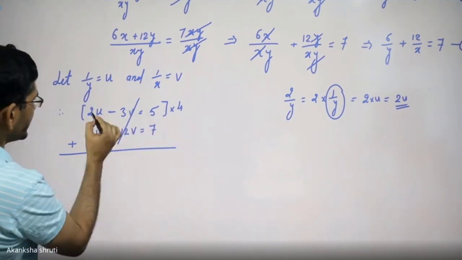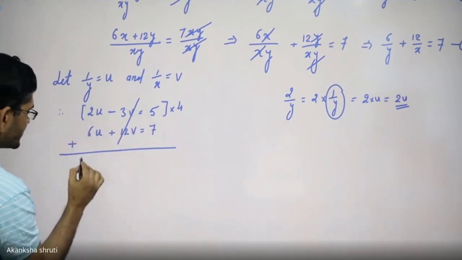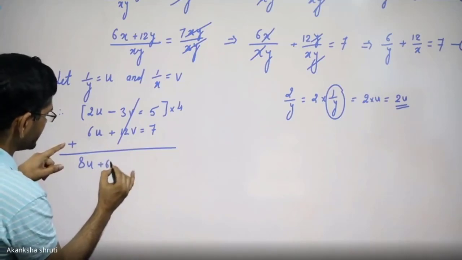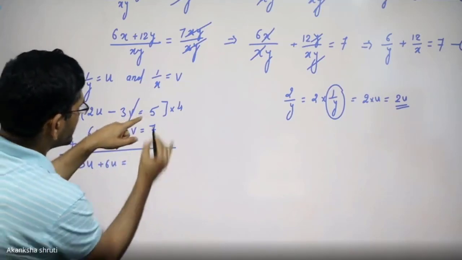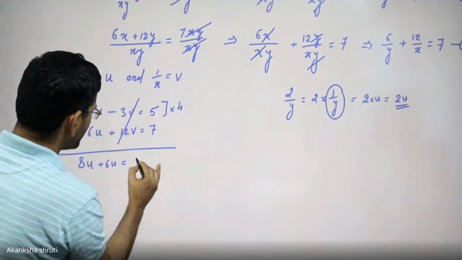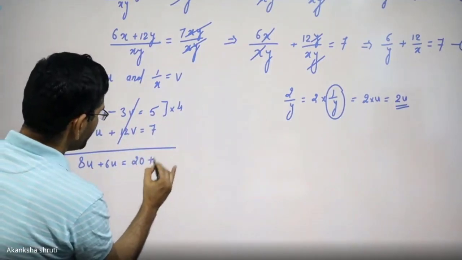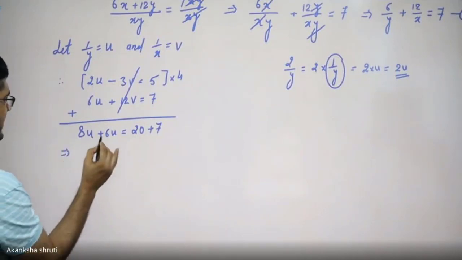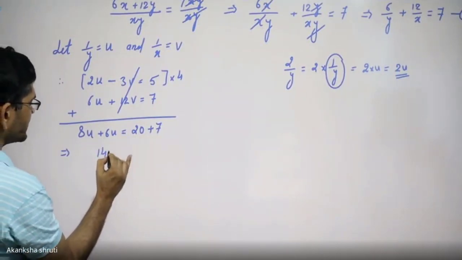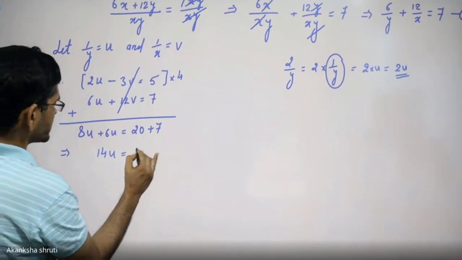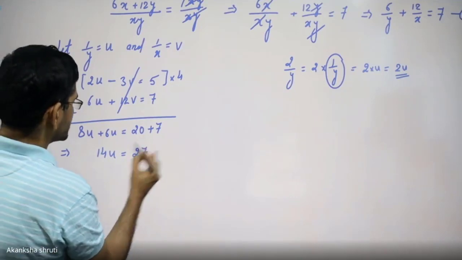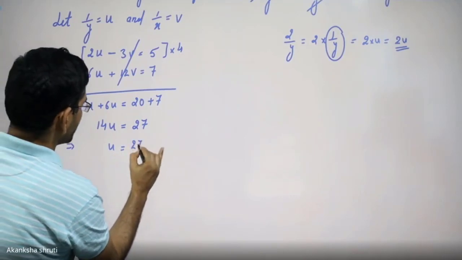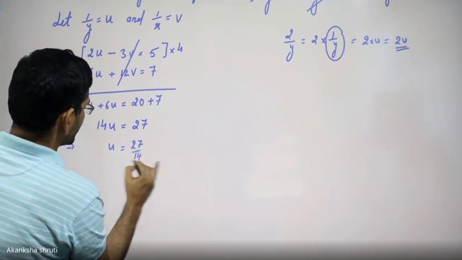This 4 into 2 becomes 8u, plus 6u is equals to 4 into 5, 20, plus 7. This is going to give us 14u is equals to 27. This implies u is 27 by 14.